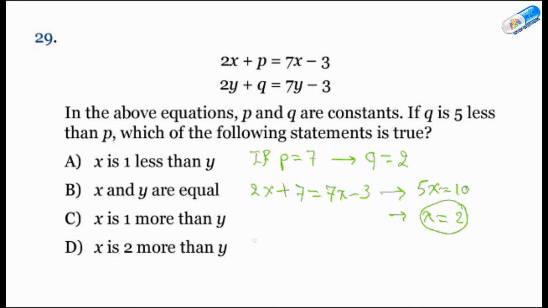Now for the second equation, 2y plus q, so 2y plus 2 equals 7y minus 3. Put all y's on one side, 5y equals 5. This means that y equals 1. Circle this one also.